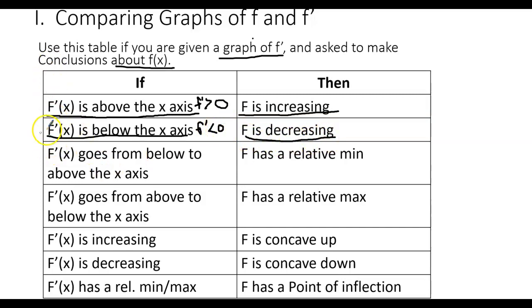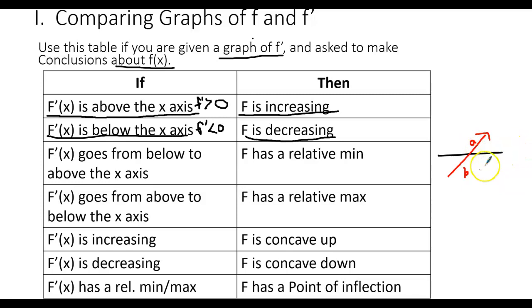Now, whenever f prime actually crosses the x-axis, there's two ways that could happen. Let's say this is the x-axis, and let's say that my graph going from left to right crosses this way. Well, it goes from being below the x-axis, I'll put B for below, to above.